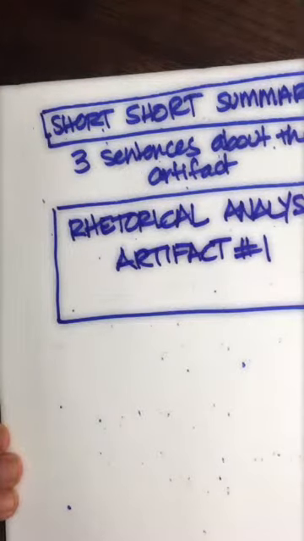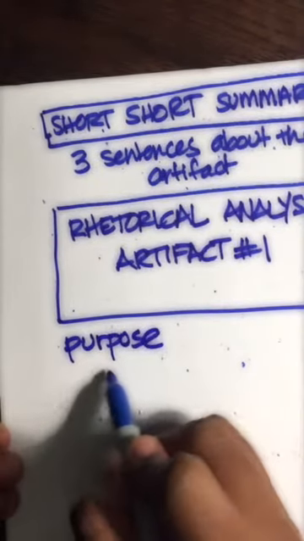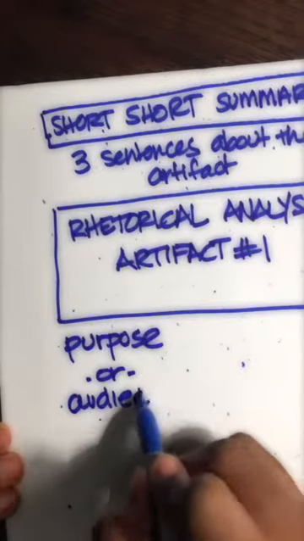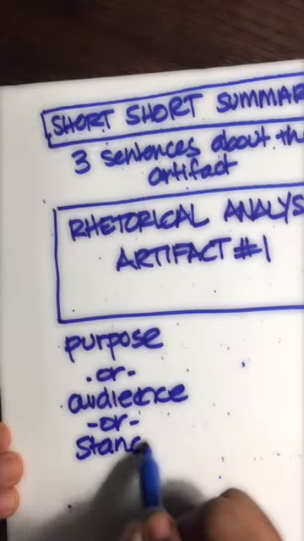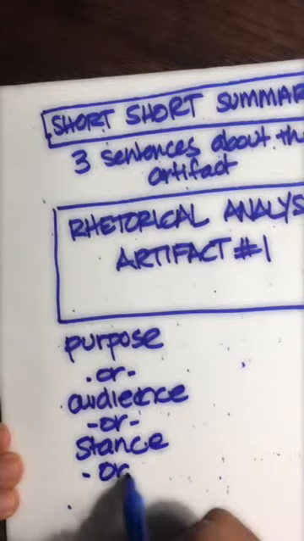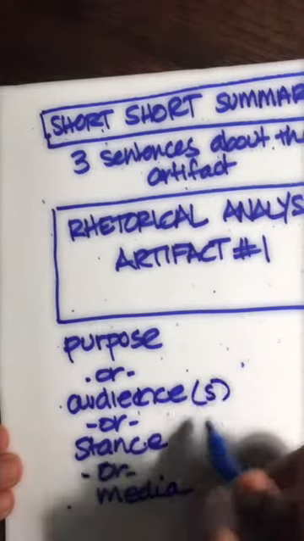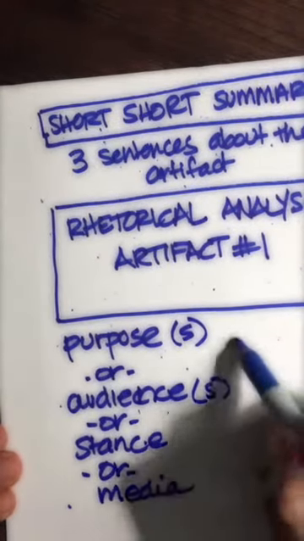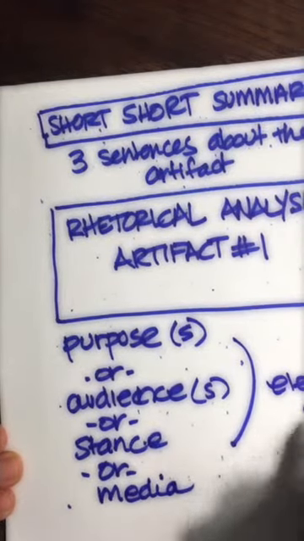Artifact number 1, this is where you begin to tell us your assessment of purpose or audience or stance or media, or I might talk about audiences, or I might talk about, and this is a very important note about the elements of the rhetorical situation.